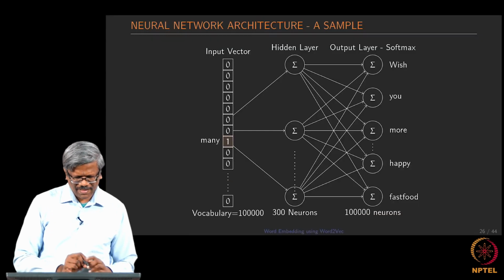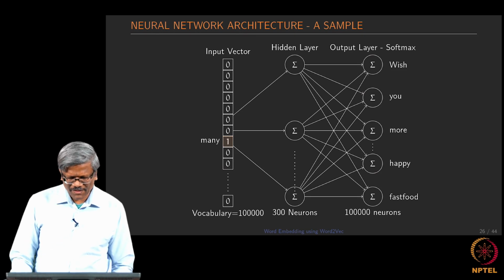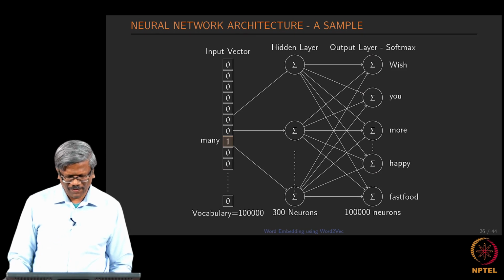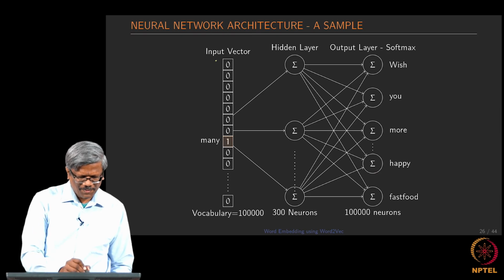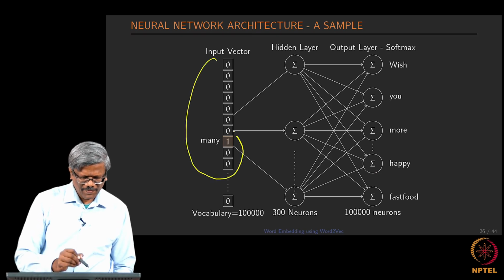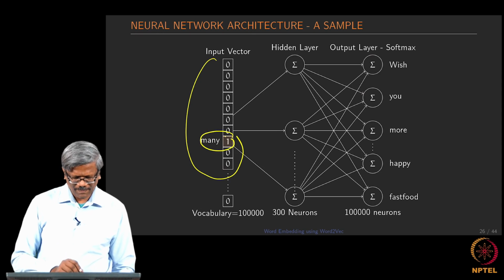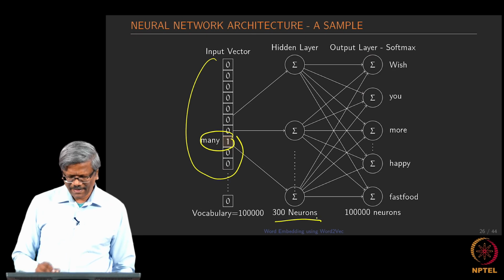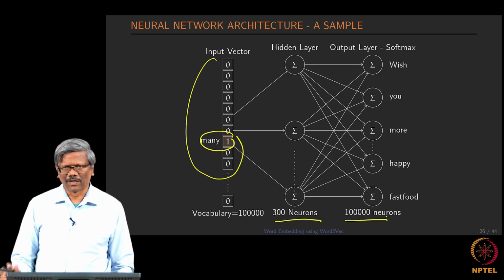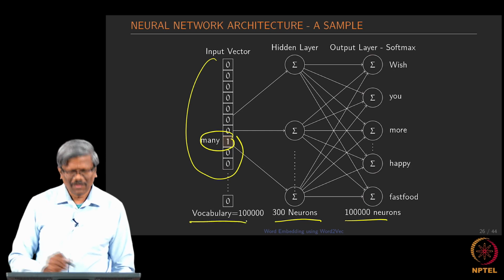This is another simple architecture that shows how you can create a skipgram based model. Here we have the input vector, and we input one word as our input, and then we have a 300 neuron hidden layer, and then we have 100,000 neurons as our output layer, which is the same as the vocabulary size.